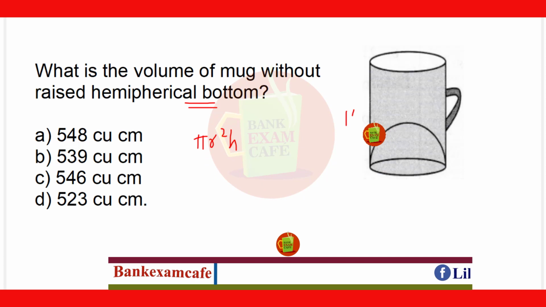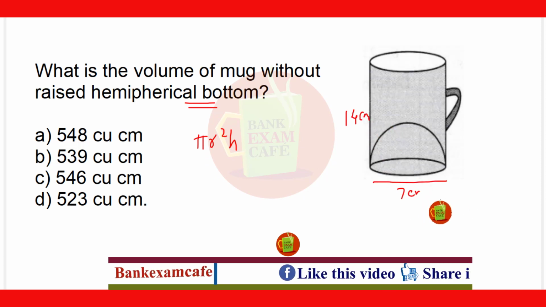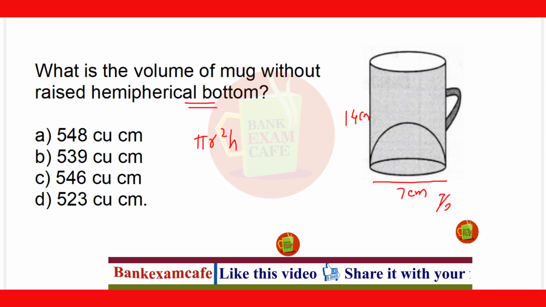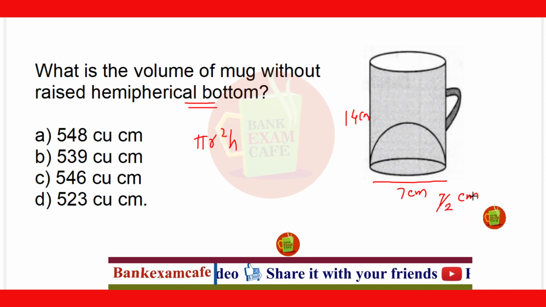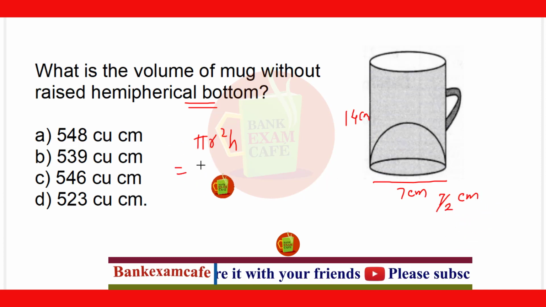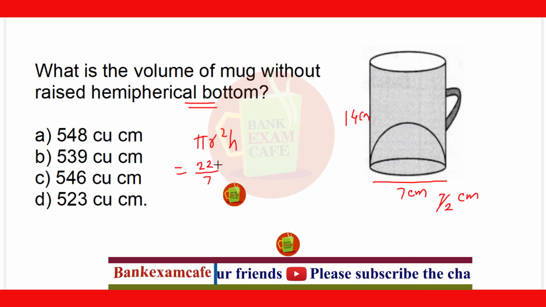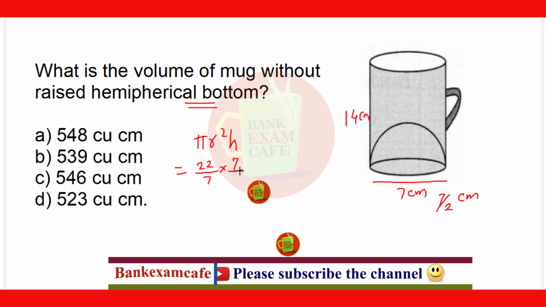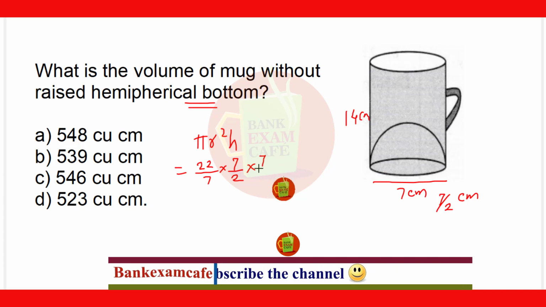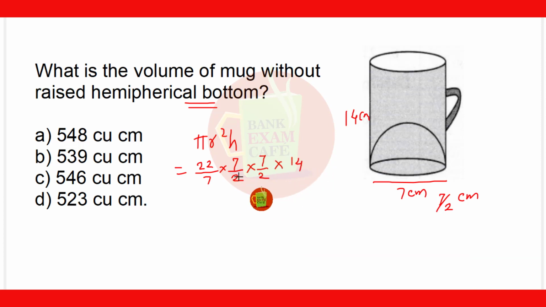So h is 14 cm and diameter is given as 7 cm and therefore radius will be 7 by 2 cm. And so the volume will be 22 by 7 into r square, that is 7 by 2 into 7 by 2 multiplied by height 14. And so 7 and 7 will get cancelled. 2 1s are 2, 2 11s are 22, 2 1s are 2, 2 7s are 14.